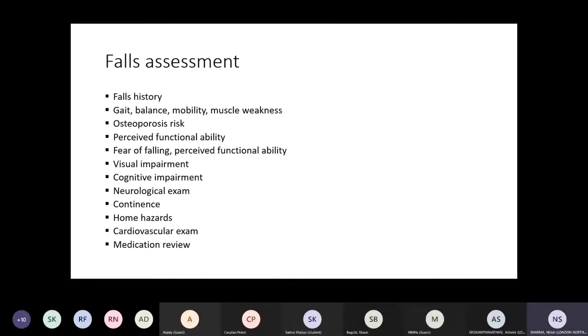Then later in the admission, the home hazards and medication review. Cardiovascular exam is very important because the leading cause of falls in elderly is cardiovascular. The most common cardiovascular reason is arrhythmia, and the most common arrhythmias are bradyarrhythmias. In bradyarrhythmias, the most common are the heart blocks.